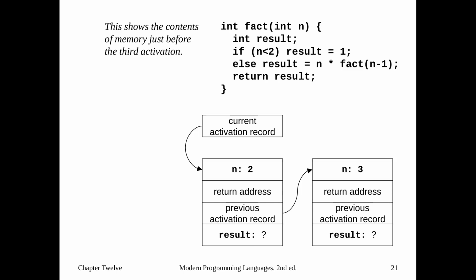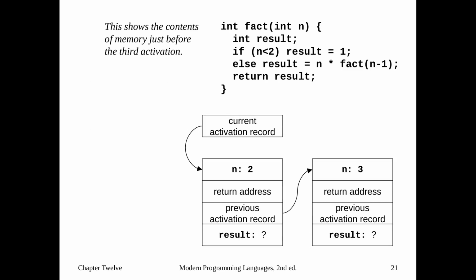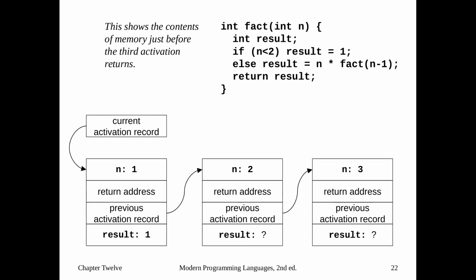We have our return address, and then our result is still unknown. And we continue. We get to the final one. Now n is less than 2.